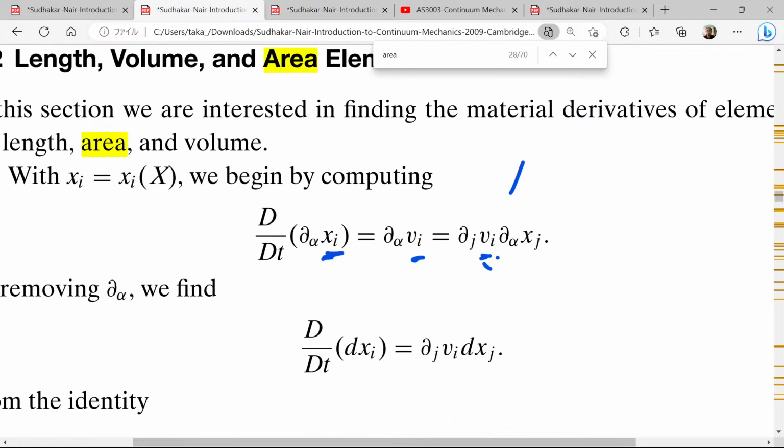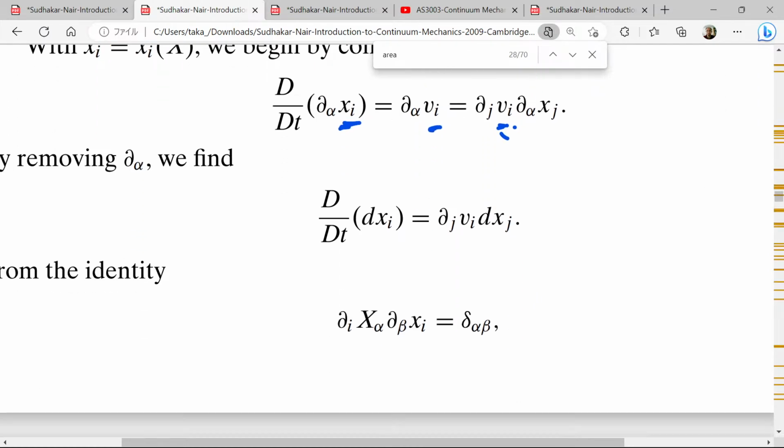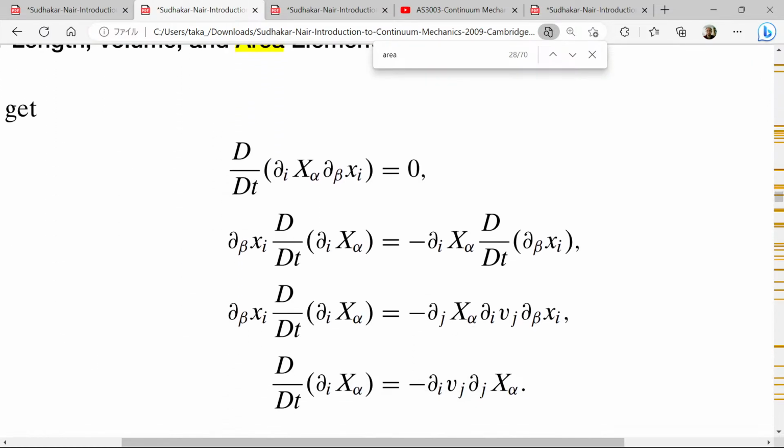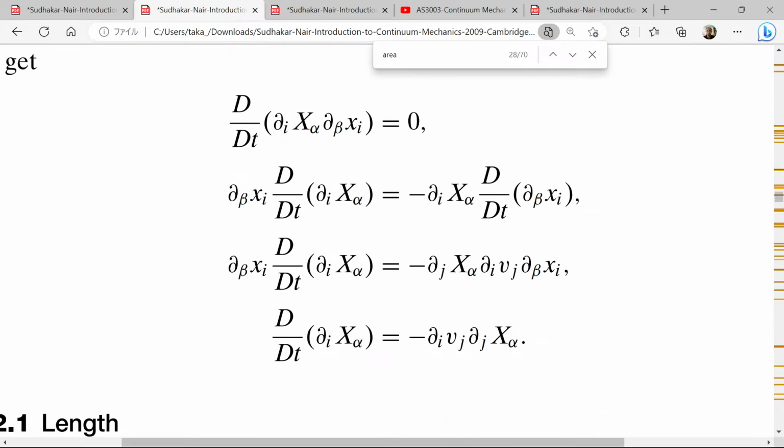See, then we use this one, right? d/dt of A_i alpha.